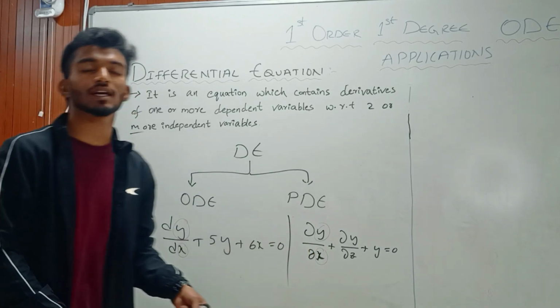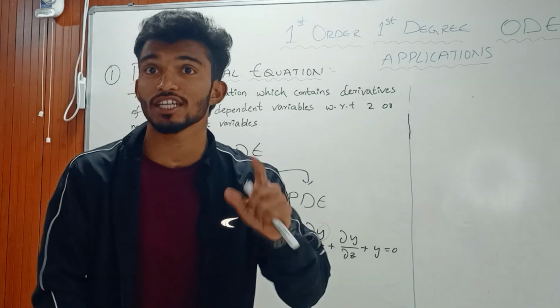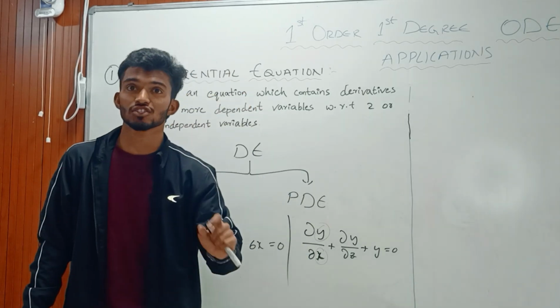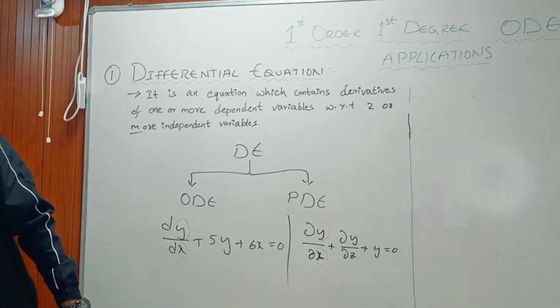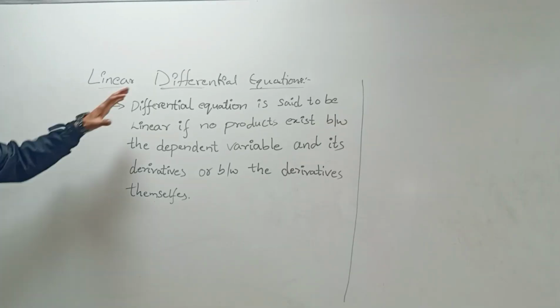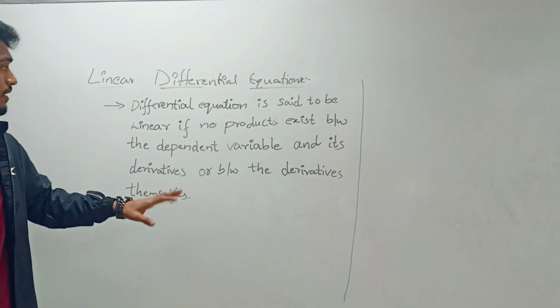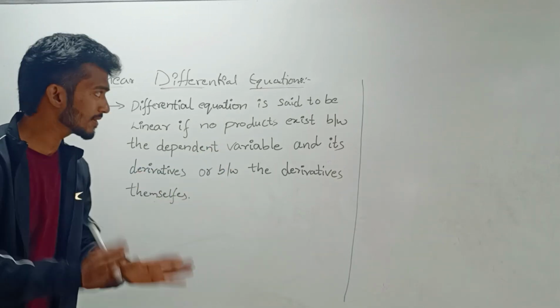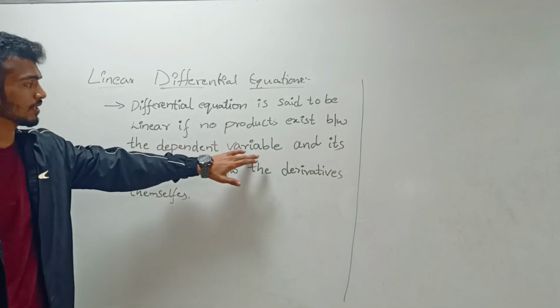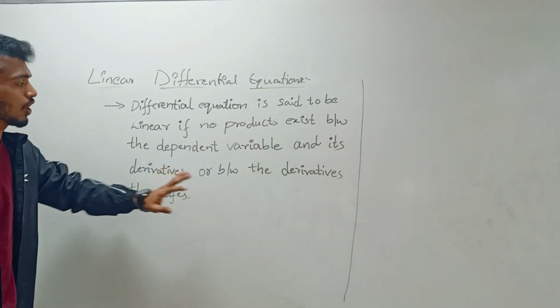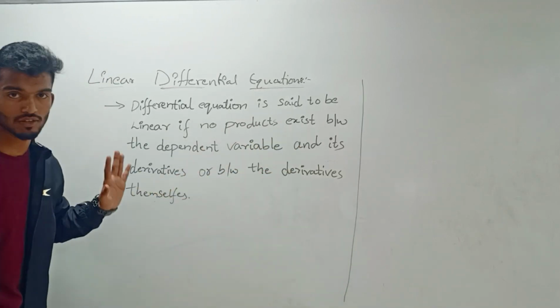Let's move on and discuss what we mean by the linear differential equation and non-linear differential equation. A differential equation is said to be linear if no products exist between the dependent variable and its derivatives, or between the derivatives themselves.